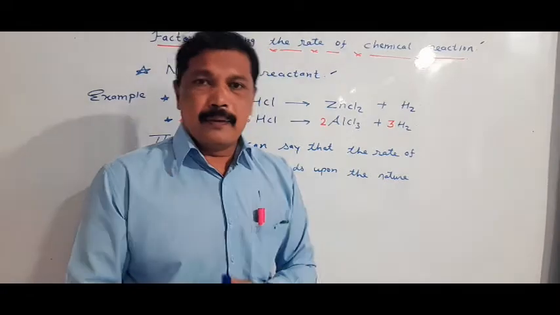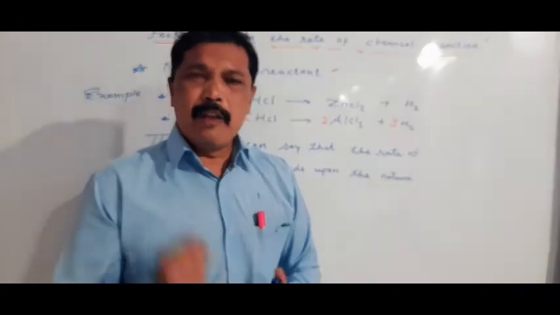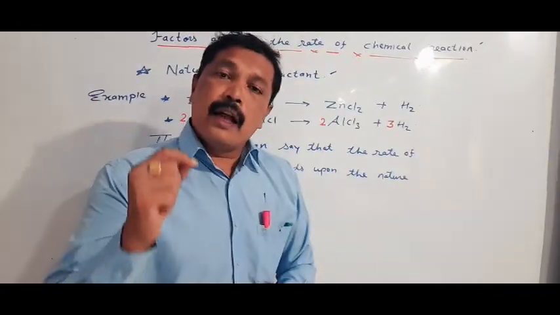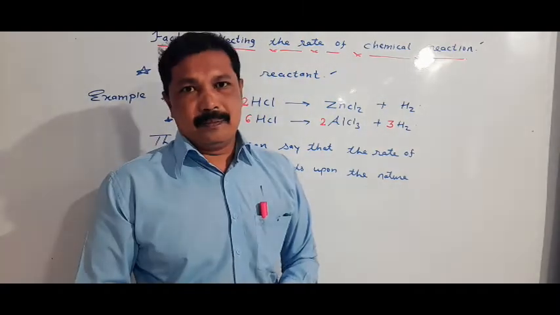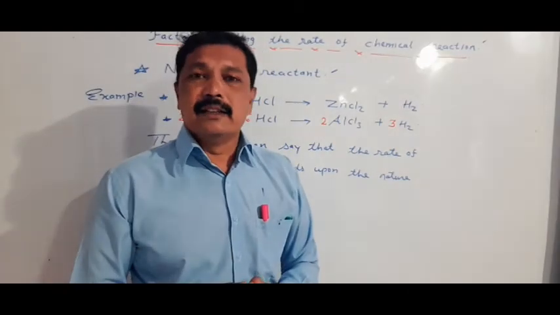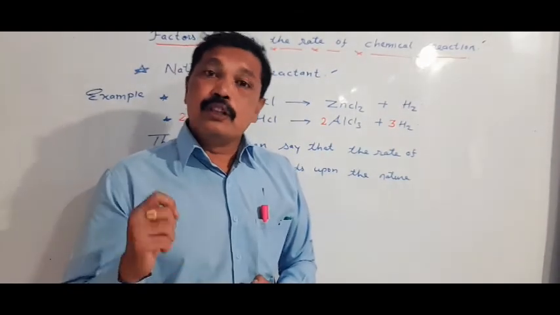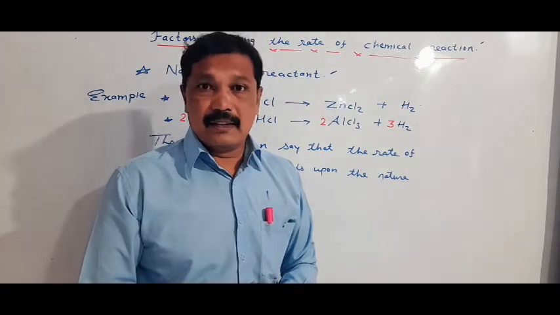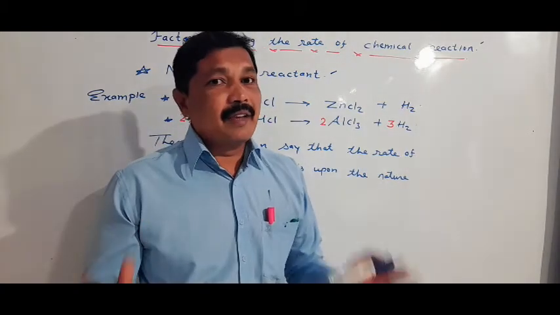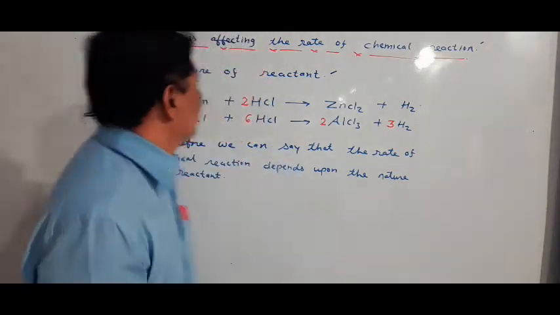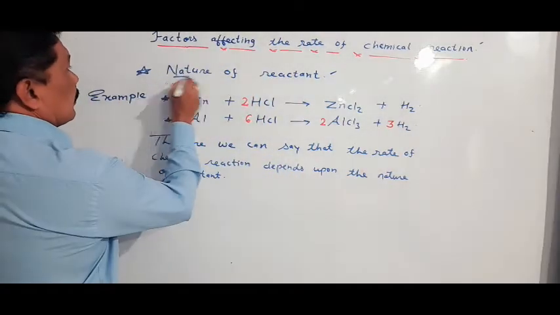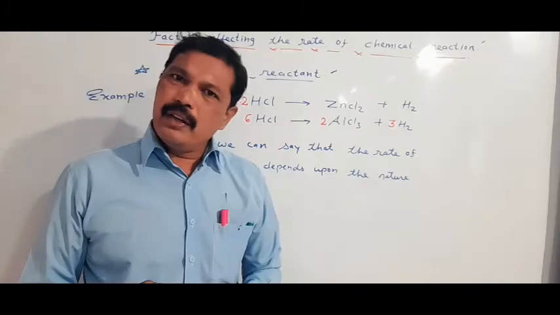But if we study both the reactions, we will find that the reaction of aluminum metal is faster than the reaction of zinc metal. The reason behind it is that aluminum is more reactive than zinc. From these two examples, we can say that the rate of chemical reaction depends upon nature of reactants.